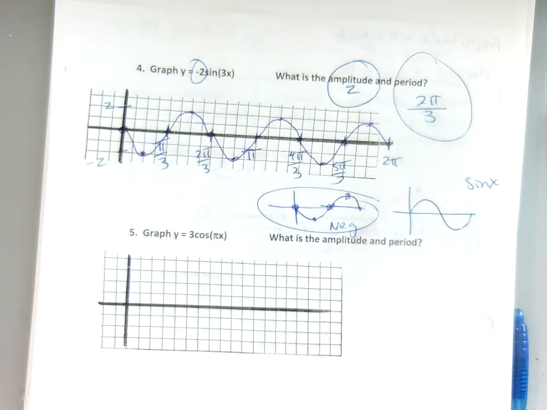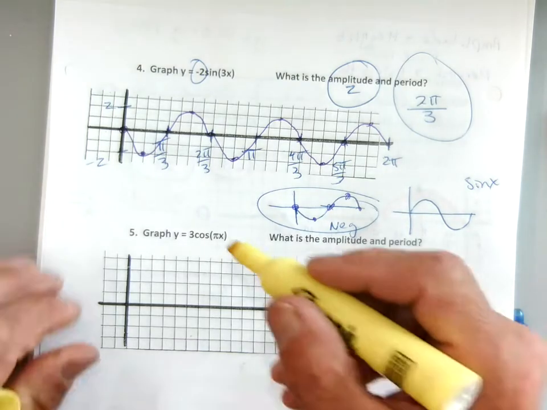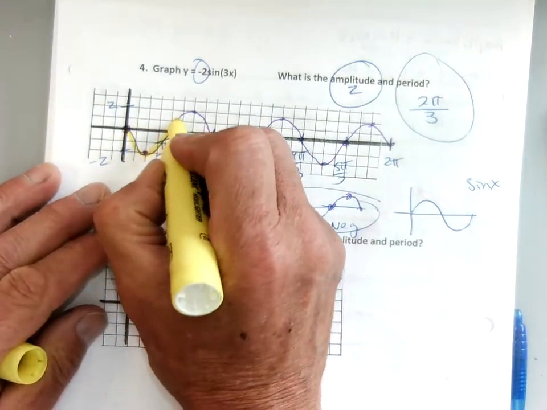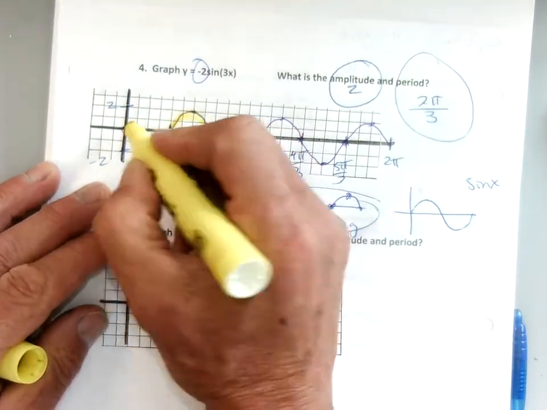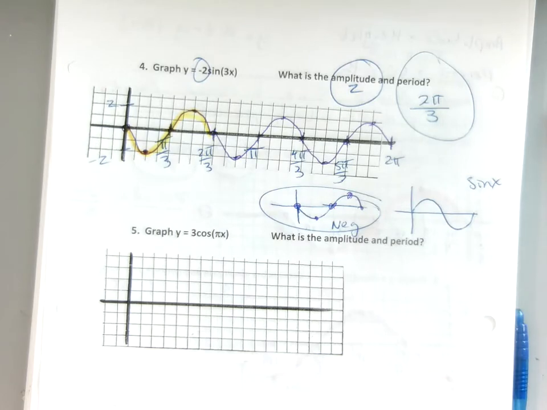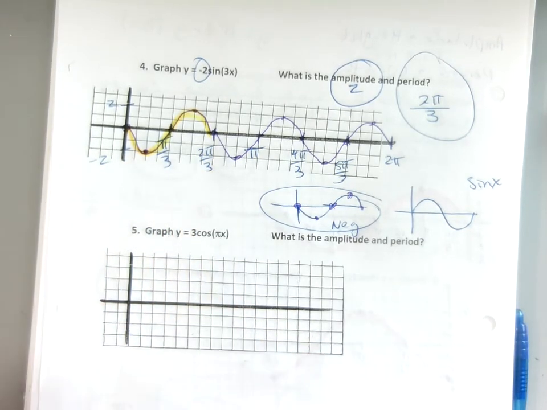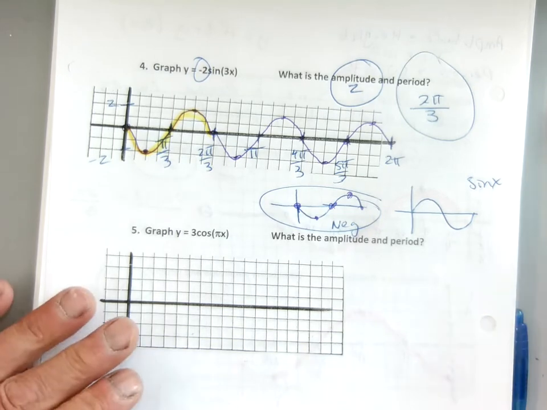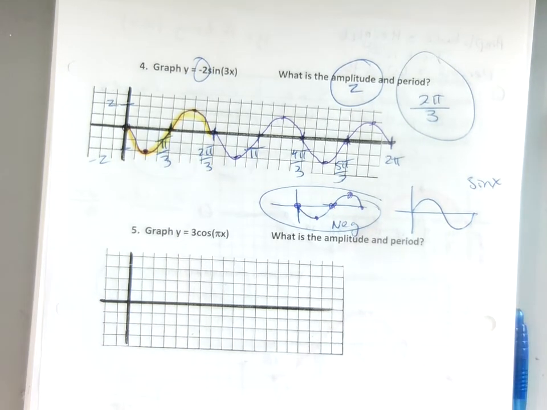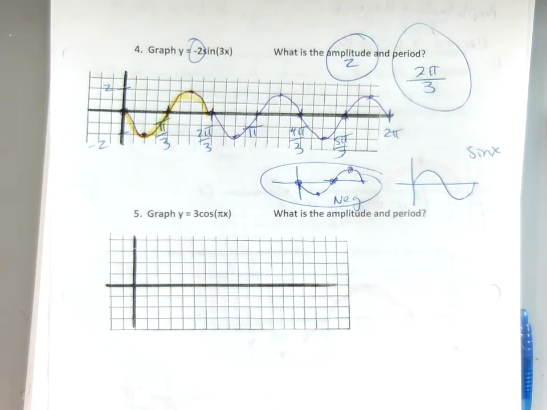And what's the period? Yes. 2 pi thirds, right? Period is 2 pi thirds. Pi is 0. Yes.